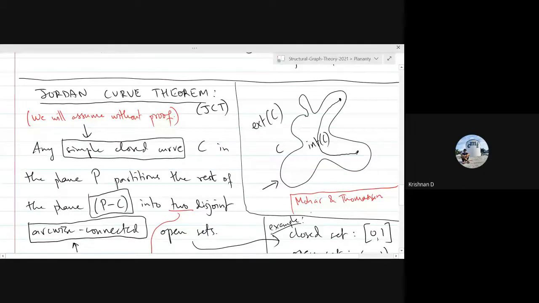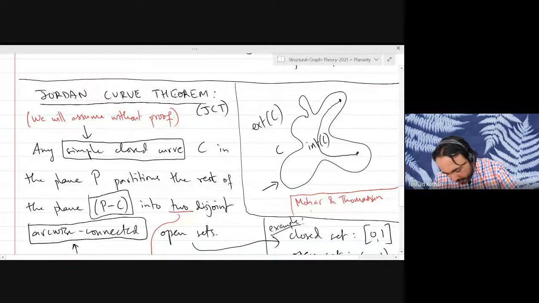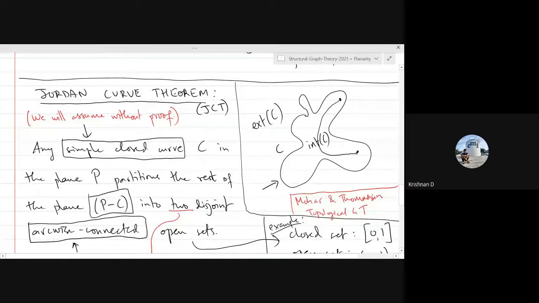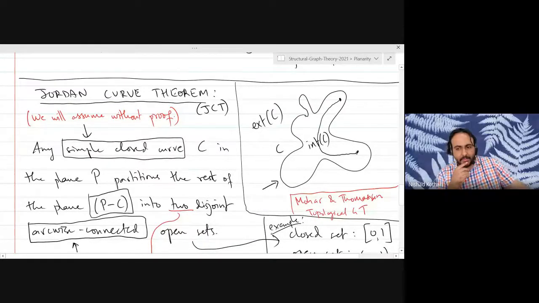I don't remember the title, but if you search, you'll find it. They might even give you a proof of the Jordan Curve Theorem. Thomason gave a graph theoretical proof of it. I don't remember how it goes, but he basically proved the result using graph theory.